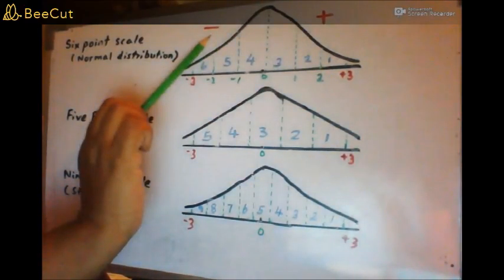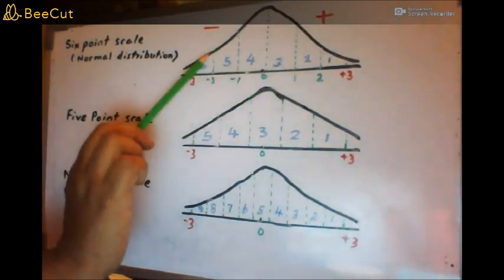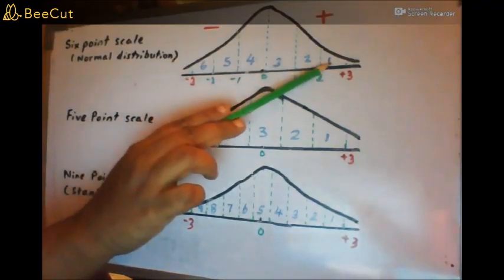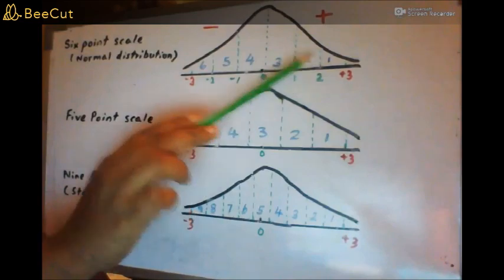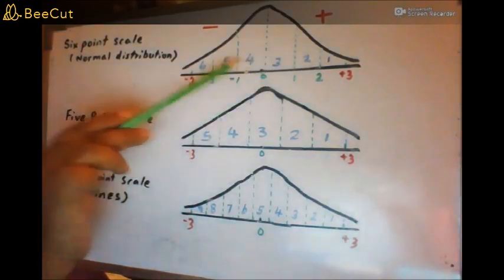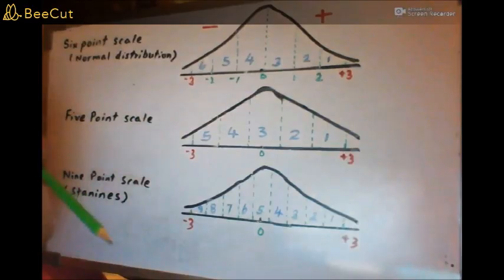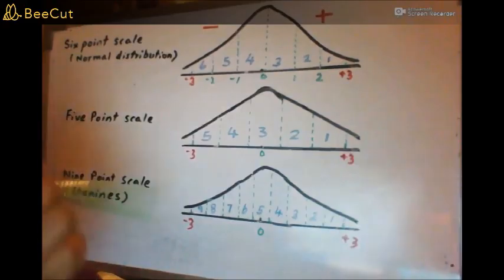This is the minus side. Plus minus means above the average, below the average, right? Now here this corner, that's the highest marks, right? So here it's 1, 2, 3, 4, 5, 6. There are six segments. So we call this the 6-point scale also, the normal distribution.